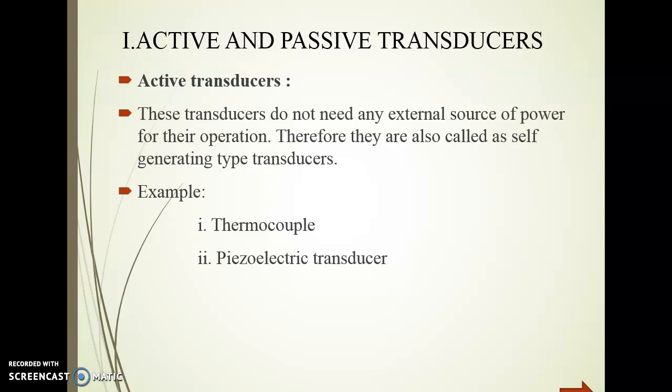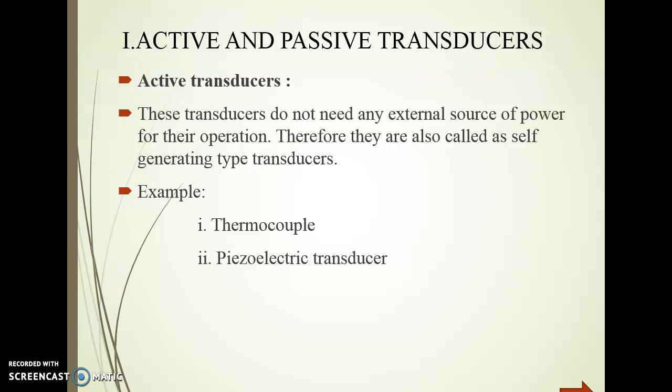Active transducers don't need any external source or power for their operation. That means they do not need any external source to convert non-electrical parameters into electrical parameters. So active transducers are also called self-generating type transducers.